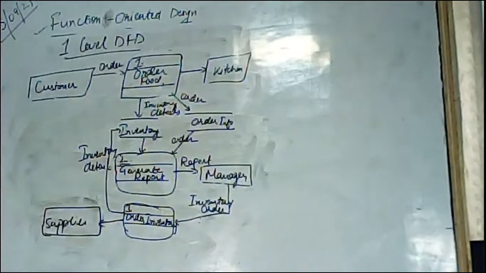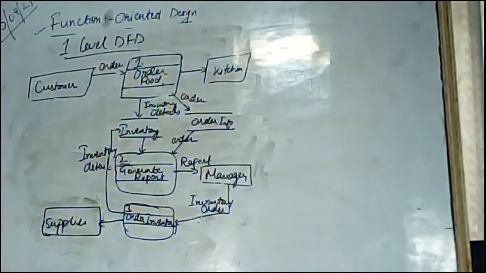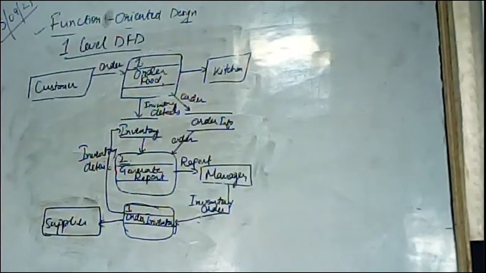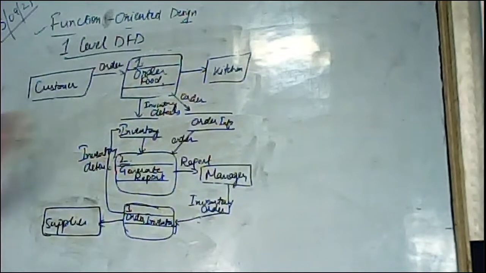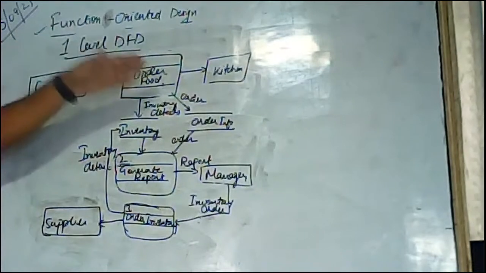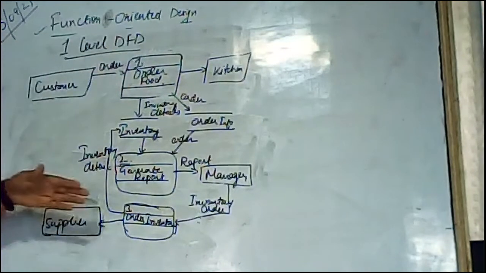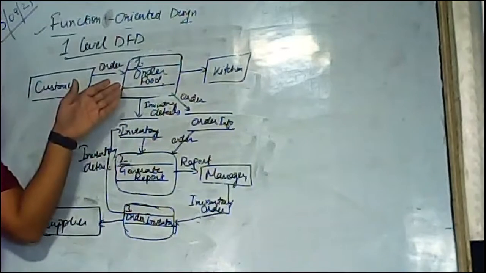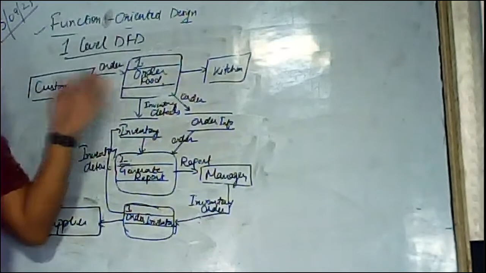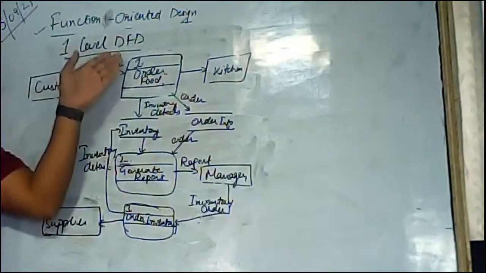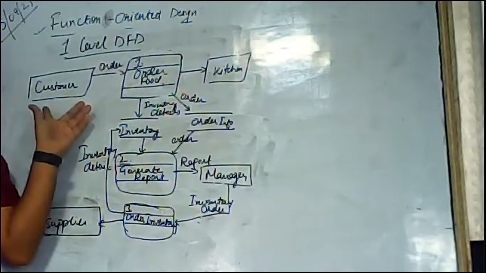This is all your level 1 DFD. First of all, in level 0, we have only used one process, and that is a brief diagram of your project. But what are the different modules in your project, that we will draw in your first level DFD, and we will elaborate that process.